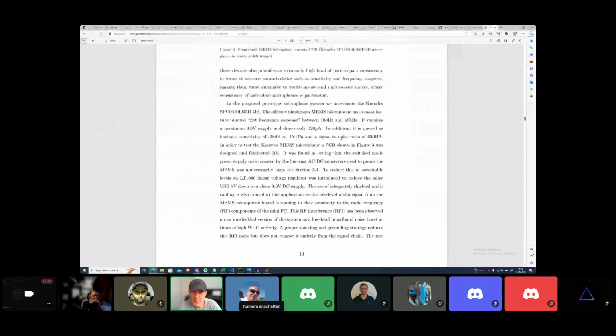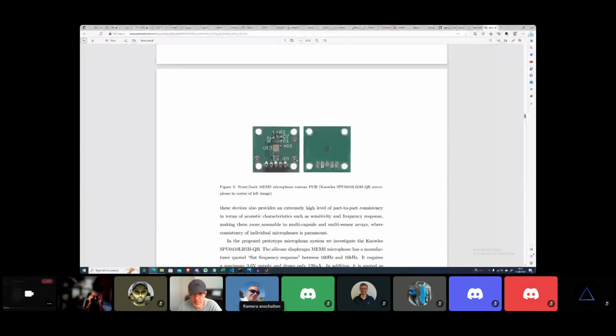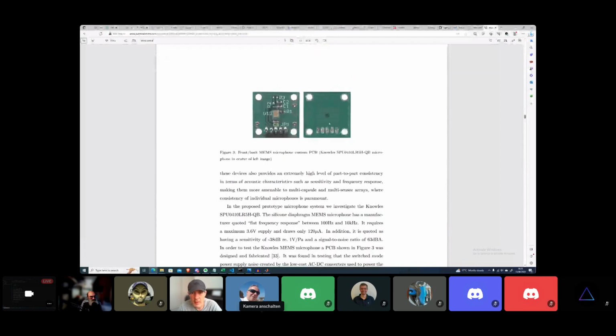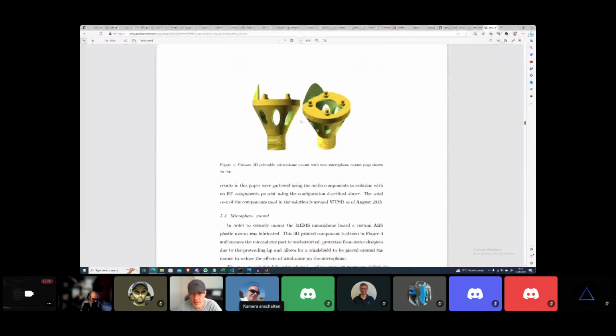So, yeah, they designed a PCB. There's a little MEMS mic. They're tiny, these things are, and then it sits on this, and they provide the 3D printer files.